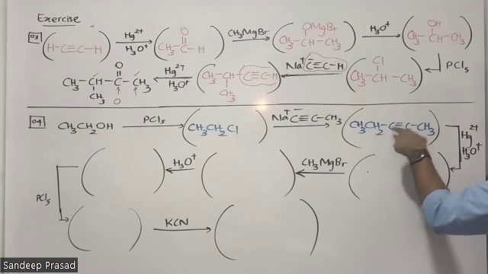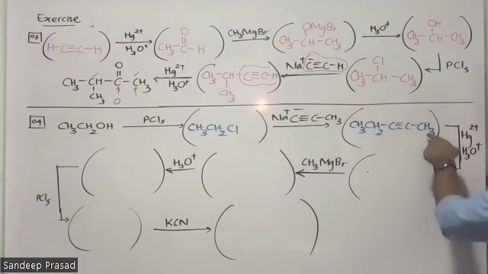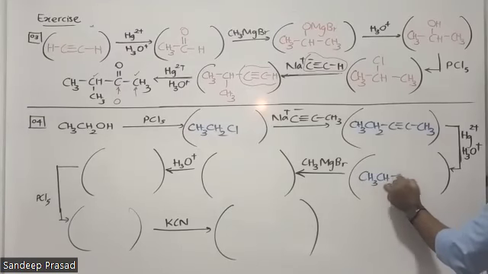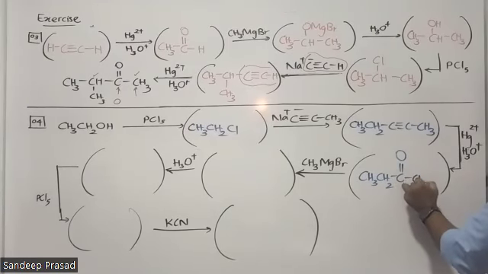Then I told you that you have to look at the neighboring carbon atoms. So this is the carbon atom which is connected to the greatest number of hydrogen atoms. So therefore, hydrogen should be connected to this carbon atom, CH3, CH2, C double bond O, CH2, CH3. So this is exactly a 3-pentanone.